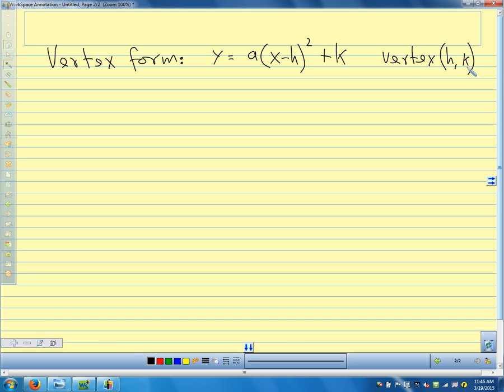The standard form is kind of related. But that's what we're going to be working with in chapter 9. And I'm going to make two sets of equations. One for a vertical axis and one for a horizontal axis. So let's start with our vertical axis.